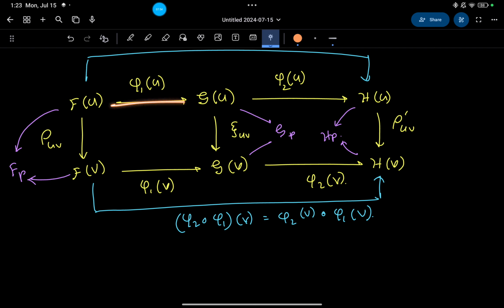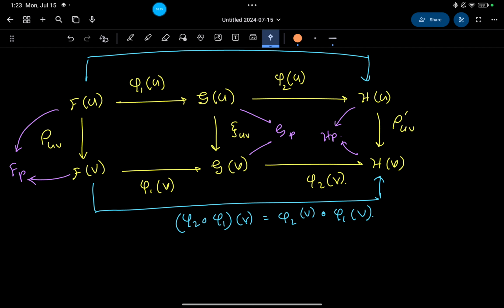Now consider the composition of these two diagrams, consider this composition map. As both subparts of this entire pentagonal diagram commute, the entire pentagon must commute. That means this one and this one must commute.